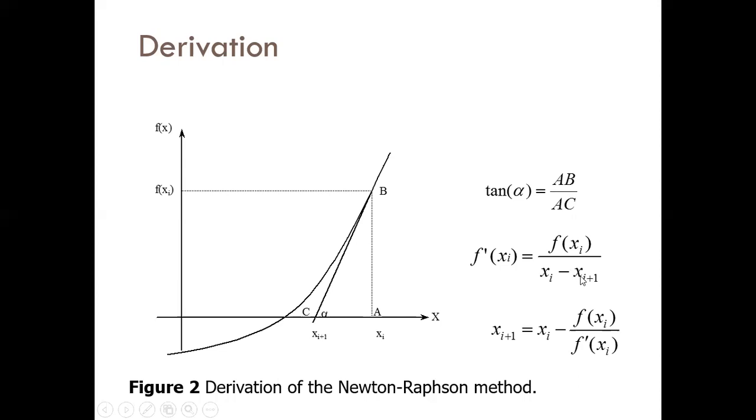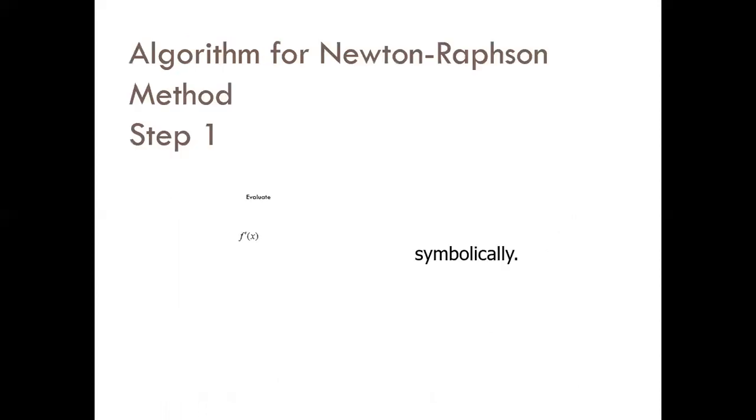For finding xi plus 1, it is xi minus f of xi divided by f dash of xi. This formula can be derived by the Pythagoras theorem also, or by using the slope of the line also.